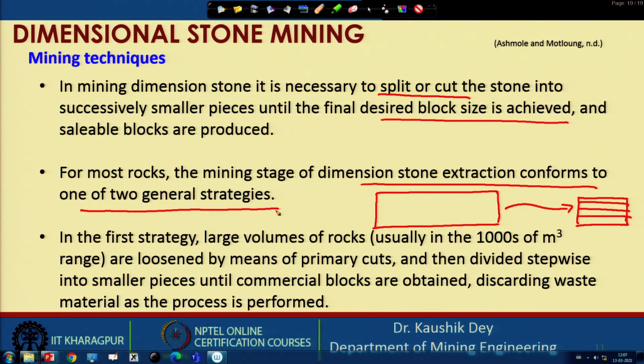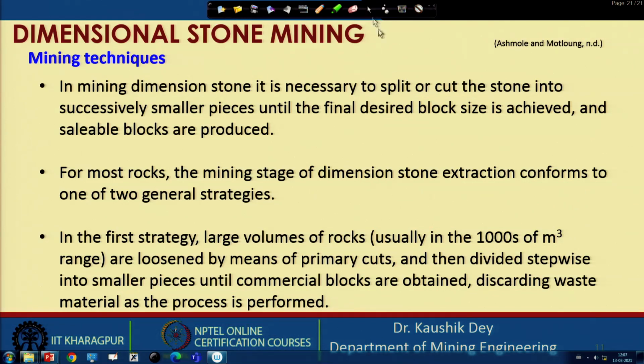So, generally first is a large volume block of 1000 meter cube, that is loosened, a primary cut is made, then stepwise that is divided into small pieces until the commercial block size is obtained. That is the strategy of dimensional stone mining excavation.